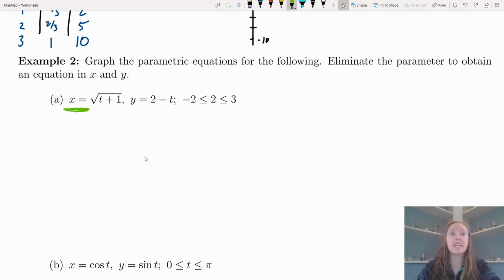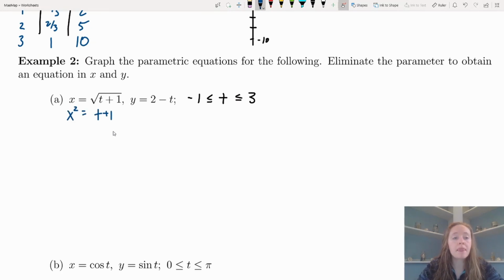We'll solve for t and then plug that t value into our other equation so that it's in terms of x and y. So for example, if I take this x equal to the square root of t plus 1, I'll solve for t. So if I square both sides, I get x squared equals t plus 1. But remember, I want to solve for t so that I can plug it in over here. I'm going to subtract 1 to get that t is equal to x squared minus 1.